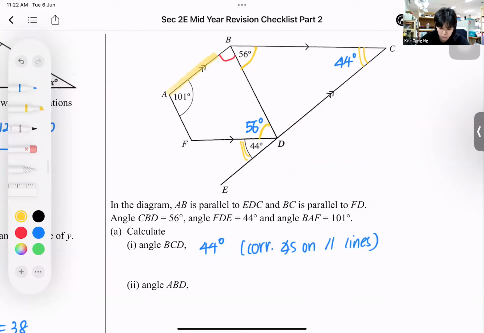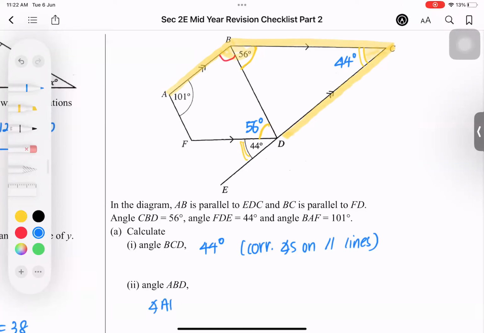Maybe I can use this one over here, letter U. Anyone remember letter U is what property? All the angles here will add up to 180, right? Anyone remember what property name this is? Interior angles on parallel lines. Yes, thank you.